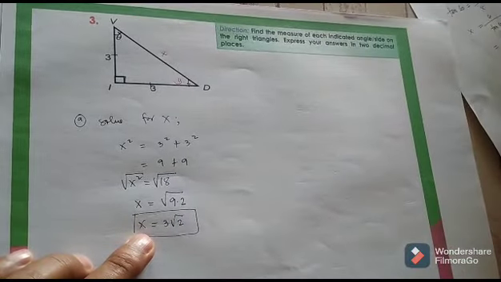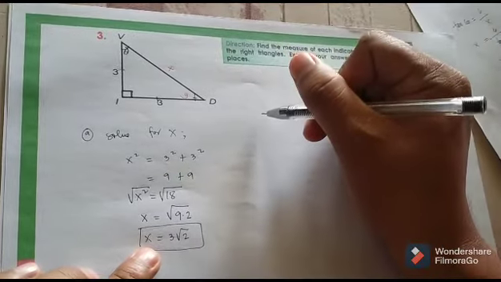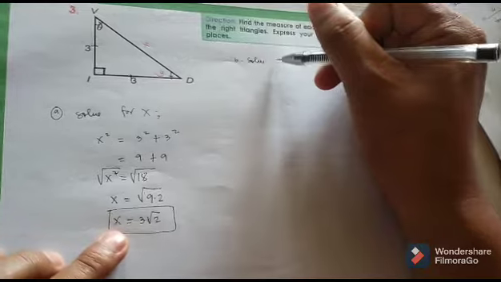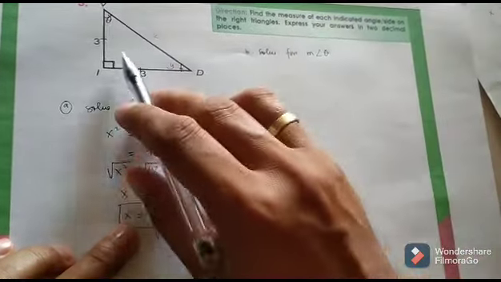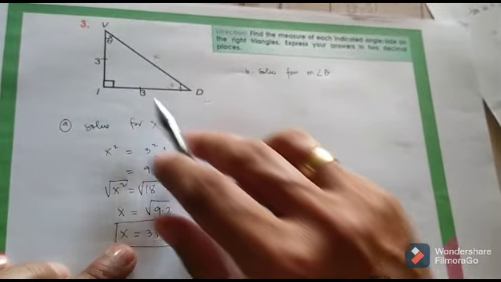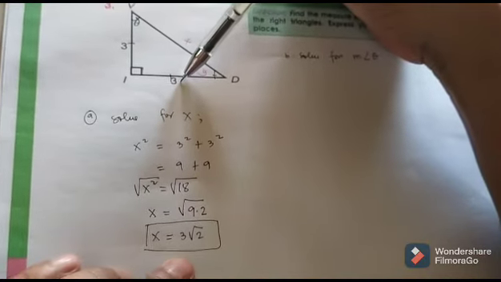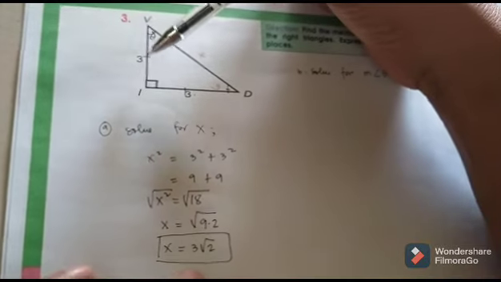Okay, so let's solve for the measure of angle theta. Still, that is very easy. To solve for the measure of angle theta, you will be using these two given. So theta is opposite over adjacent.